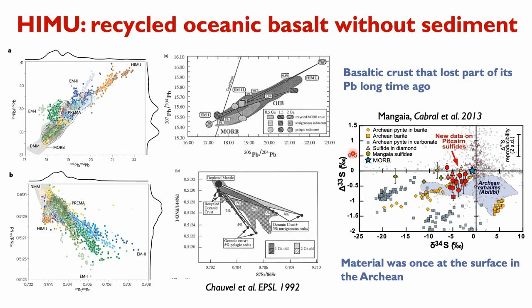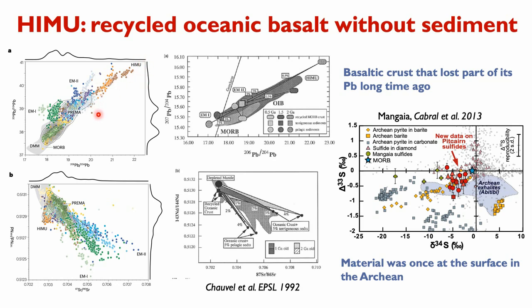And now let's move to the high mu type of composition. I'll just remind you that these are the rocks with a very high lead isotopic composition, very radiogenic.